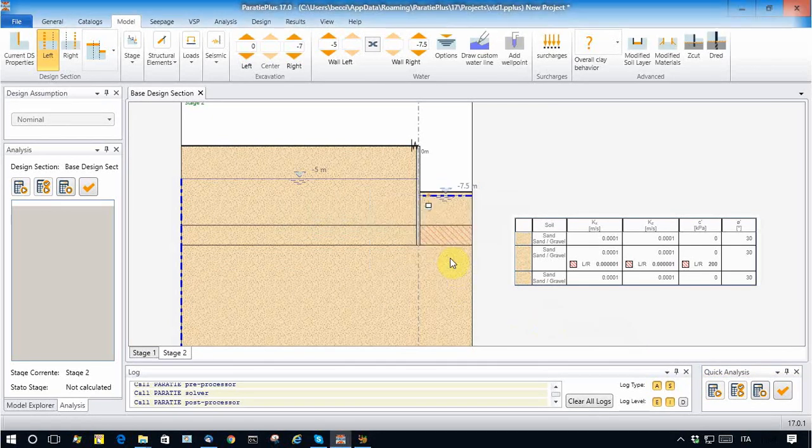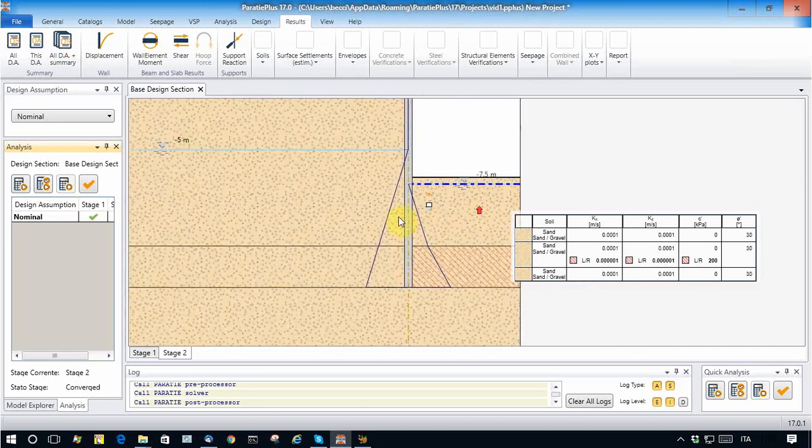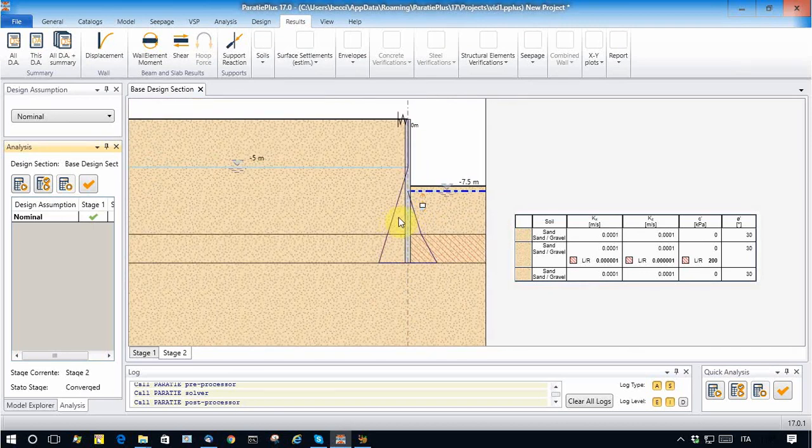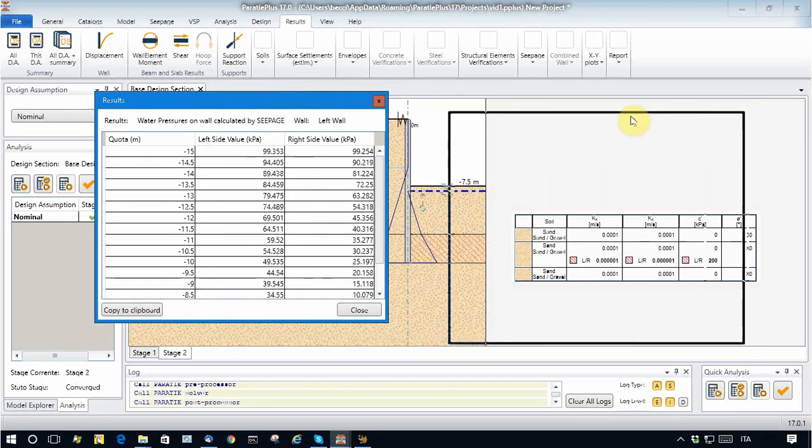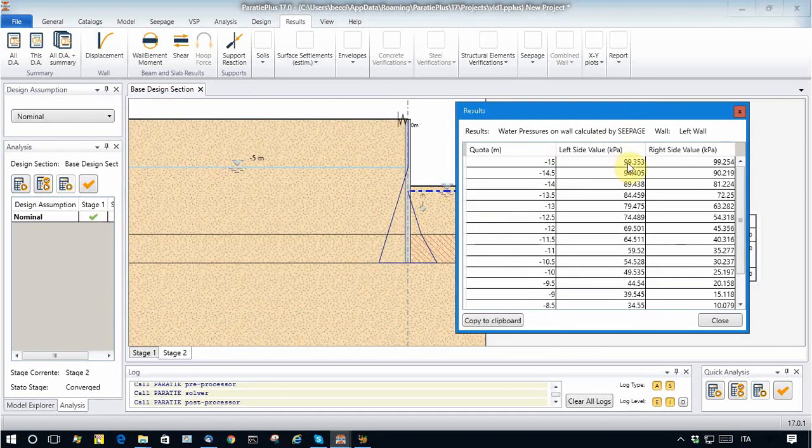and the analysis is finished. So now we see that the pressures here are a little bit modified. What we can see is that if we look at the numerical value, the pressure at elevation -15 on the left side will be 99.35 kilopascal.